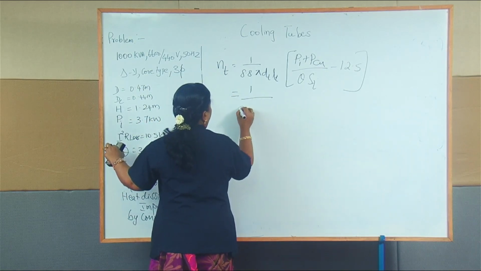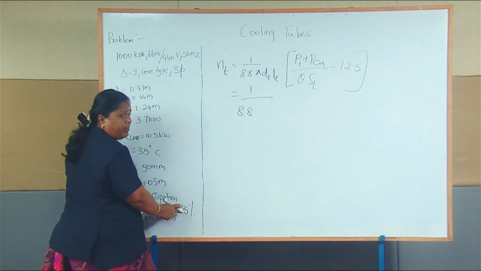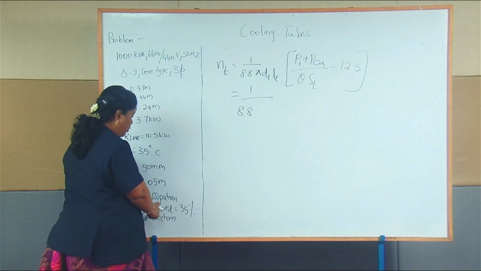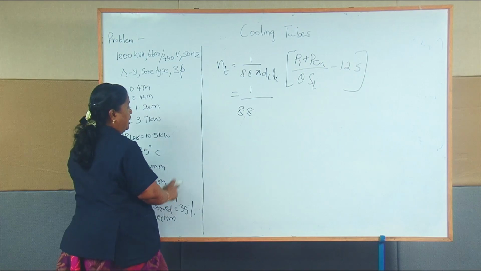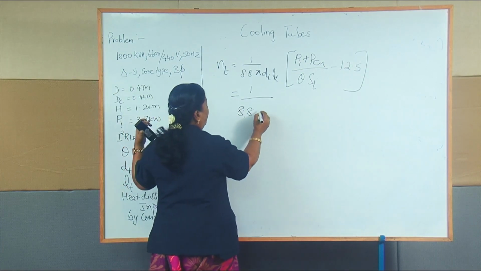How are we getting 8.8? Because we have considered 35% heat dissipation improved by cooling tubes due to convection. In case it is 40%, then this 8.8 will become 9.1.